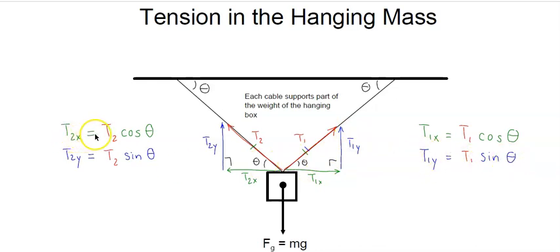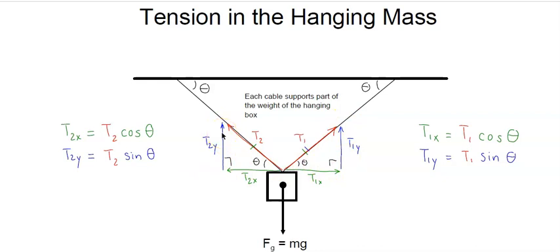Similarly, T2x is adjacent to this angle on the left side, and it is T2 cosine theta. And T2y is opposite and will be T2 sine theta. Now that we have expressions for the vector components of both tensions, we now have green only on the horizontals and blue only on the vertical.